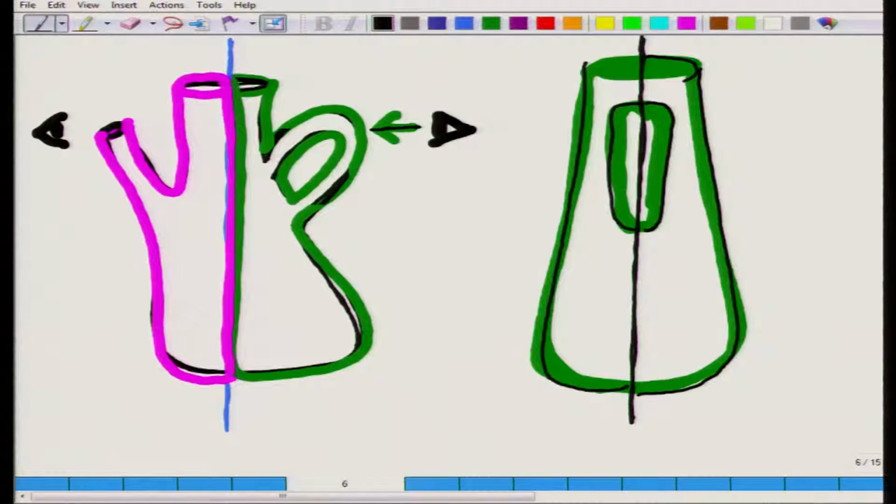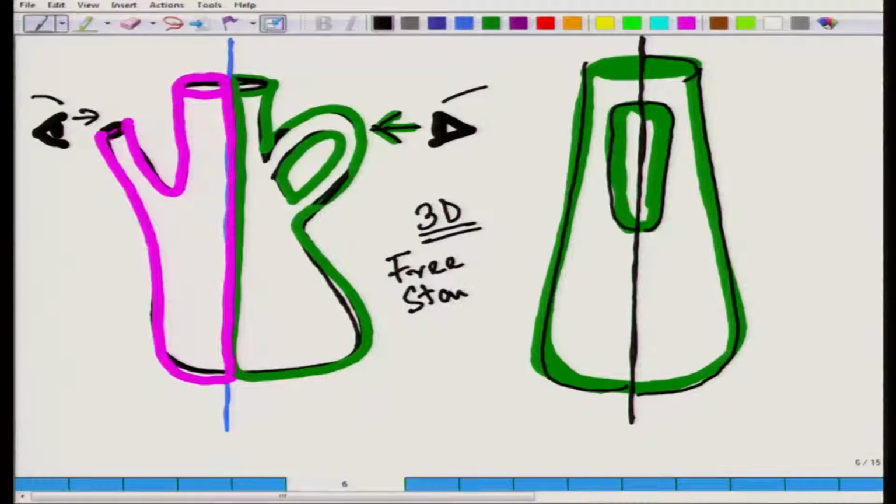So, when we see it from this angle, this will be symmetrical, and similarly when we are going to see it from this angle, this will again look symmetrical. So, in that way a three-dimensional or a freestanding object may look symmetrical from one angle and asymmetrical from some other angle.